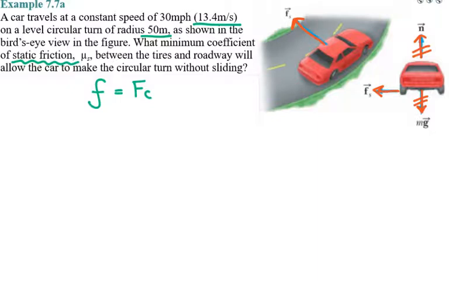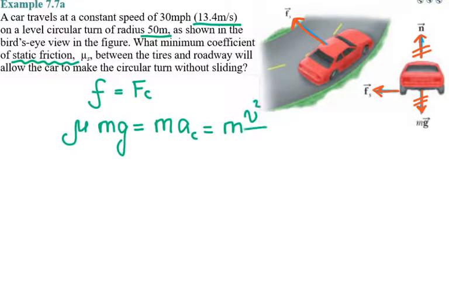So for the friction force, I can say that is mu, static, times N, which is mg, equal to centripetal force, which is m a_c. That is the same as mv squared over r. So this part is equal to that part, and I can divide both sides by m.